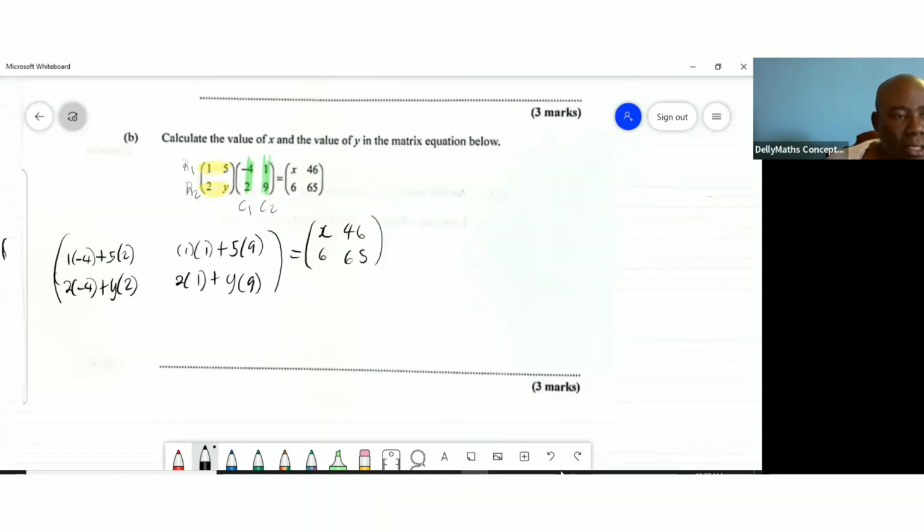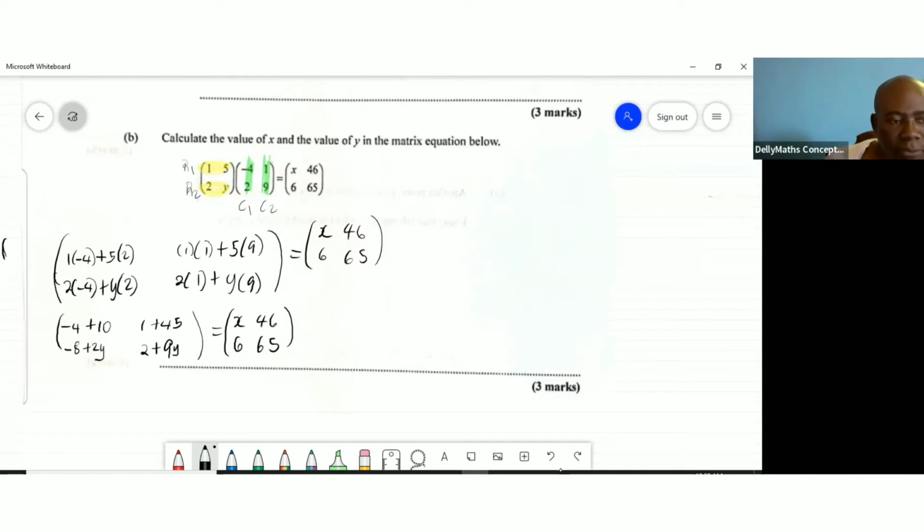Let's simplify this. What we have on this side is -4 plus 10. This is 1 plus 45. This is -8 plus 2y, and this is 2 plus 9y in this matrix, and this is equal to x, 46, 6, 65. Let me go one step further.